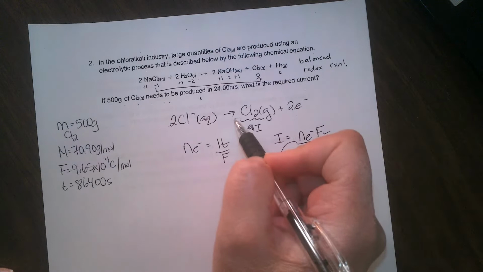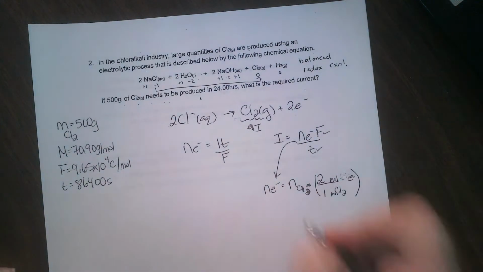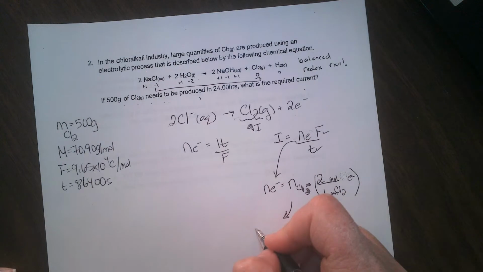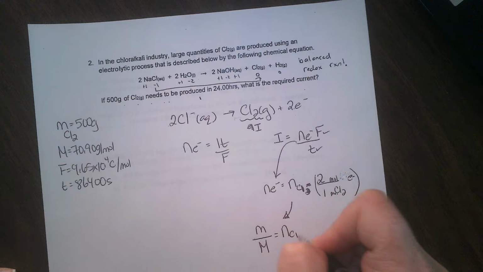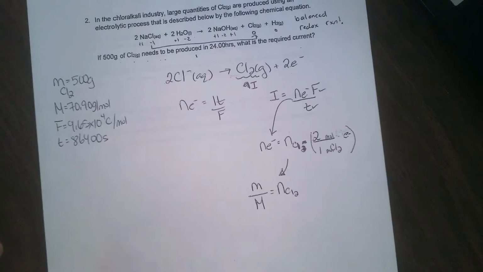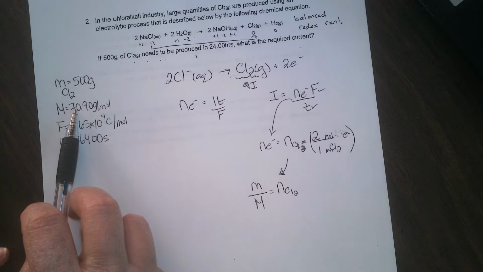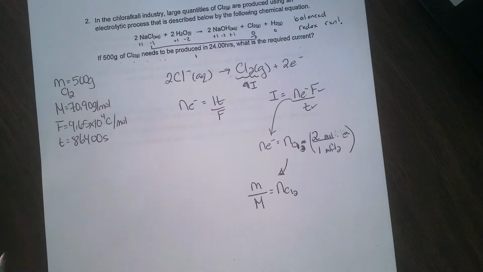There's an unspoken value there, and there are 2 electrons. How do I get moles of chlorine? Molar mass divided by mass. No, mass divided by mass. Mass divided by molar mass is going to get me my moles of Cl2. Sydney already did that. The mass of chlorine is 35.45 grams per mole. So Sydney already doubled it. Okay.